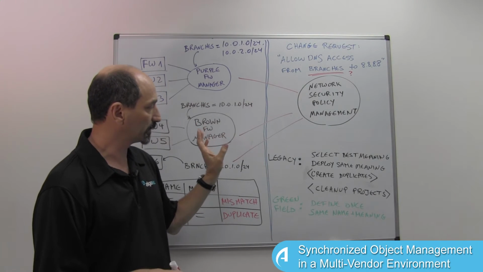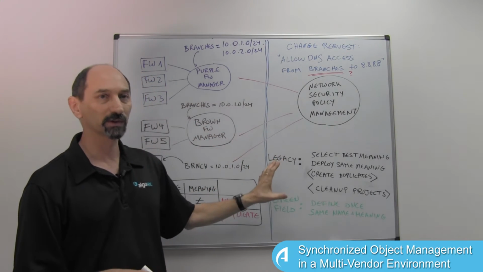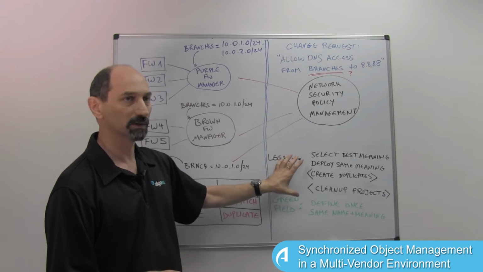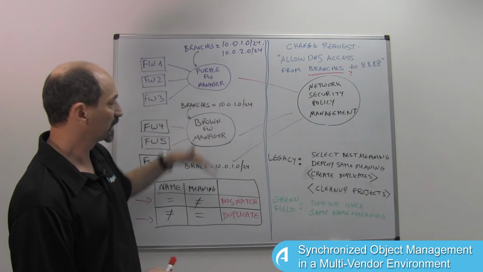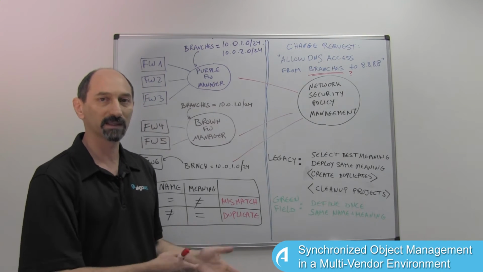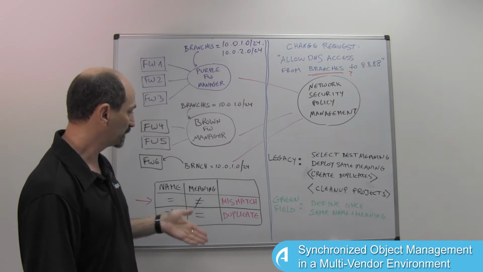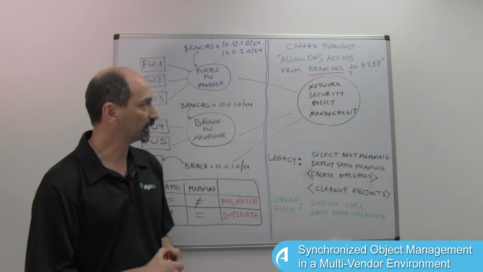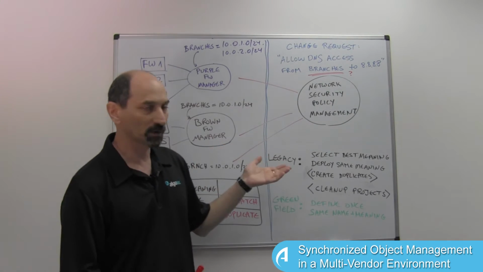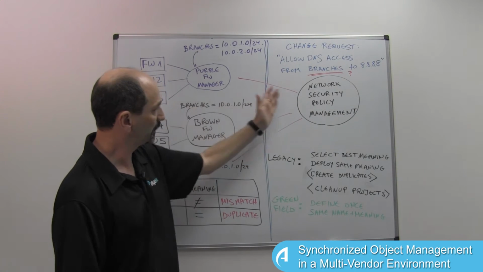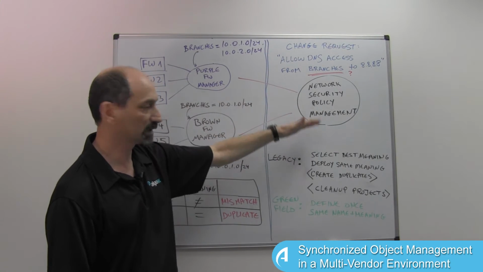Now the question becomes, are you in a legacy situation or are you in a greenfield situation? If you're in a legacy situation, which means that these separate environments have grown organically over the years and you are in a messy condition, you have mismatches and duplicates and general uncertainty, then the best you can do with network security policy management is import all of these definitions into one place.